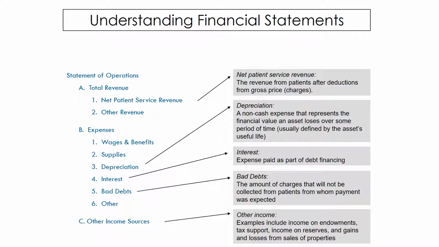So the first is net patient service revenue. So this is considered revenue from patients after deductions and gross price. So in terms of the charges, and what this means is that this is what some people call operating revenue. So it's revenue that is directly related to your operations, your providing of healthcare to people.